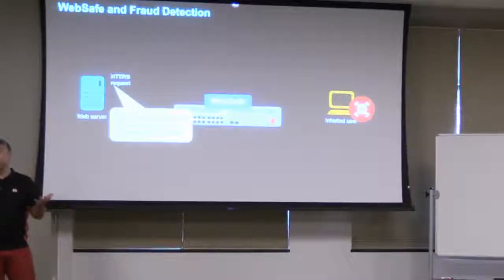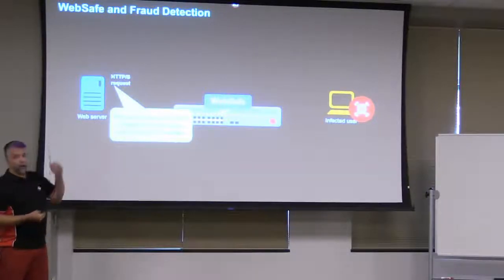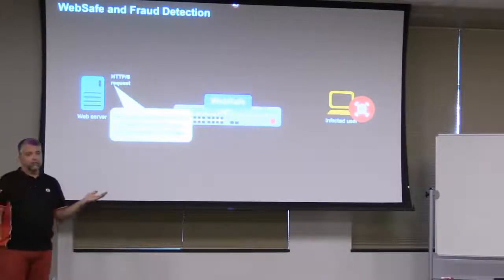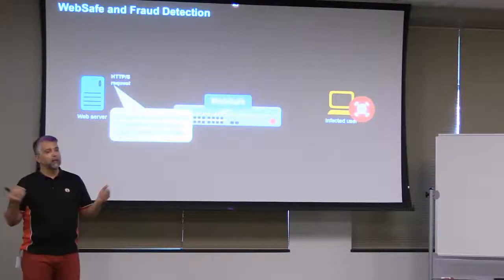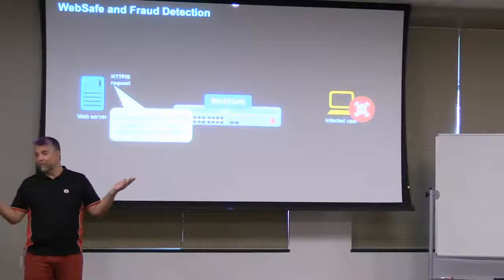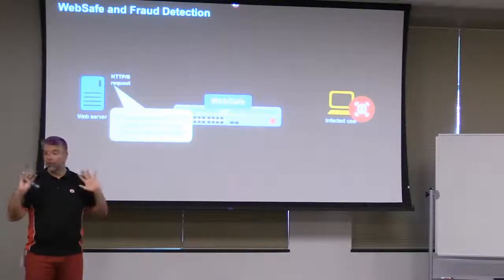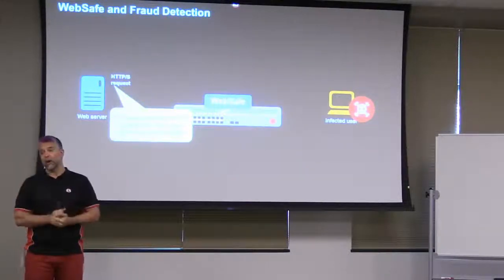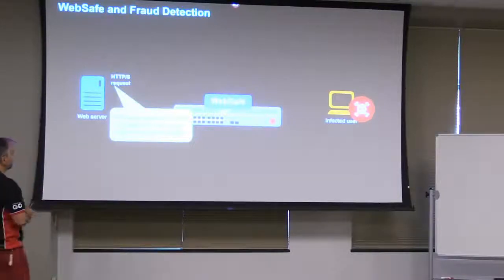They're going to access the login page to log into their online banking. So that request is going to go through BIG-IP like it normally would. Maybe it'll get examined by AFM and ASM, but there's nothing malicious about the request itself. It's a normal request.